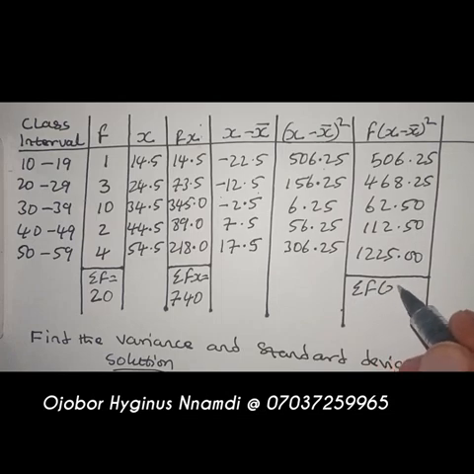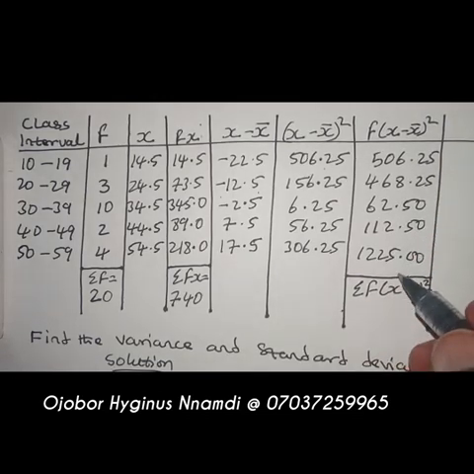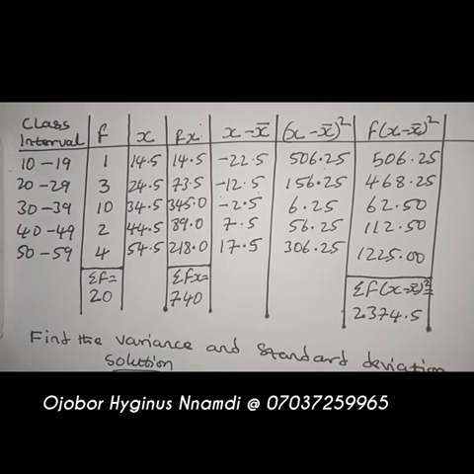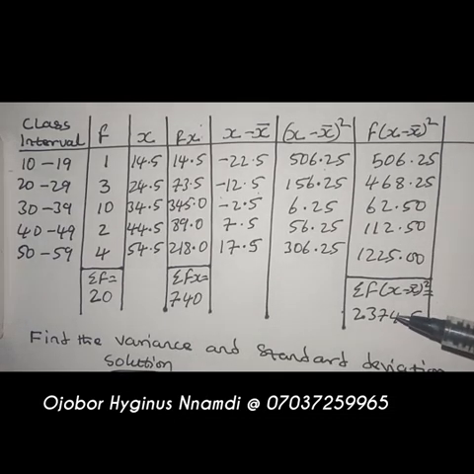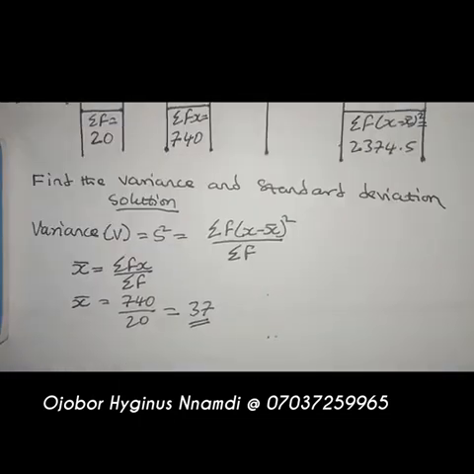We now sum this column. Summation of f times x minus x bar squared will be equal to, if you sum these numbers carefully, 2374.5. So this column is the numerator of the formula for variance, while the sum of f is the denominator.